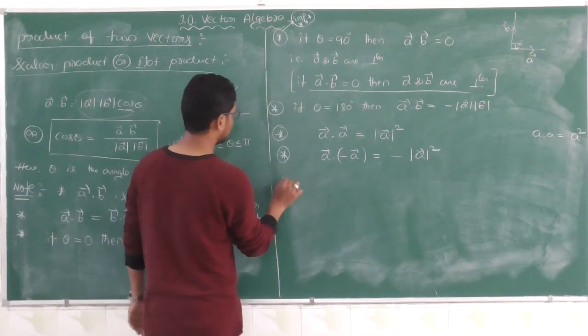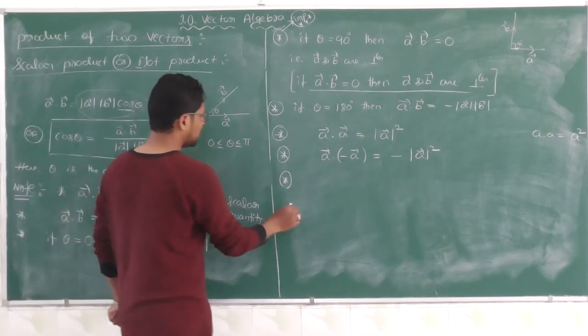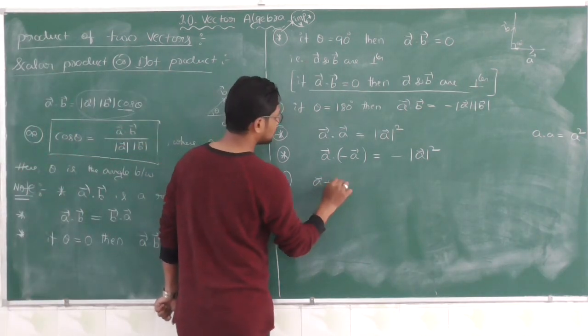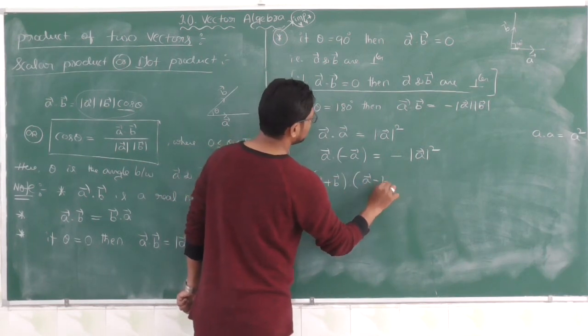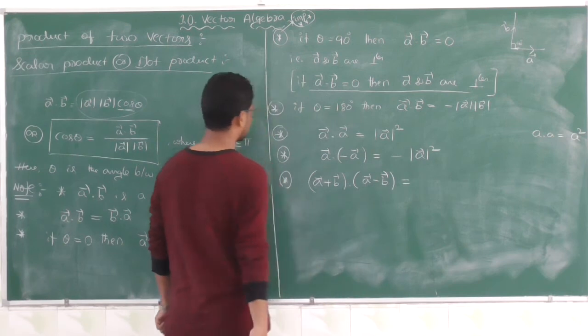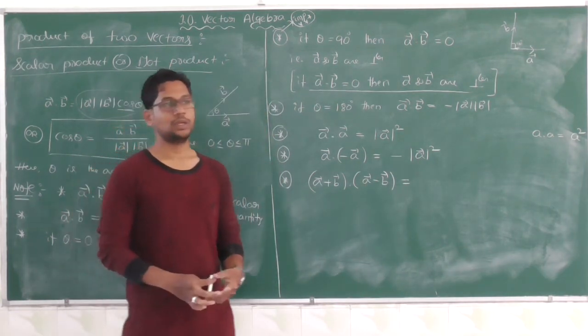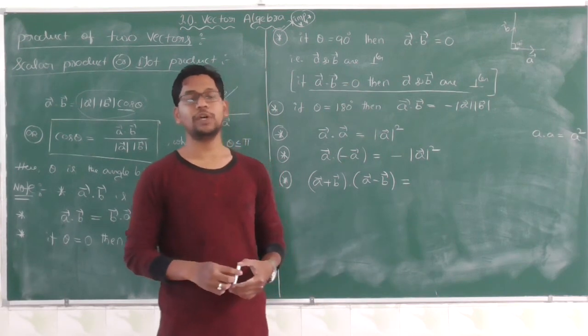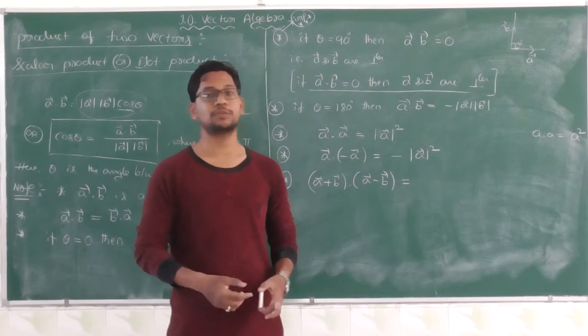Next point. A vector plus B vector dot A vector minus B vector equals what? We know that in our lower classes, the formula for A plus B into A minus B is A square minus B square.